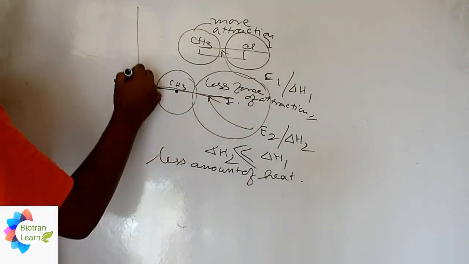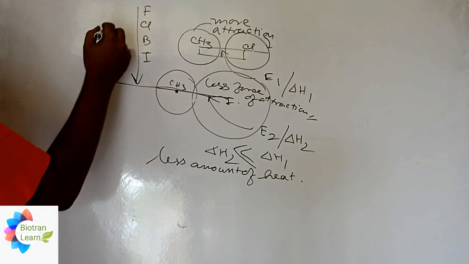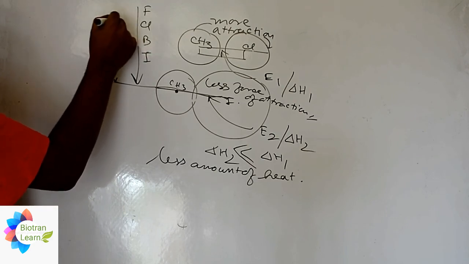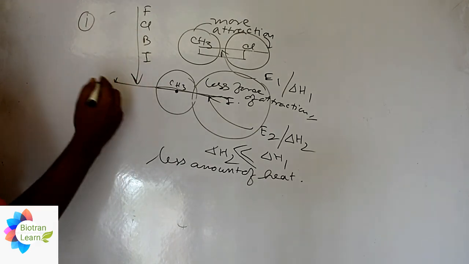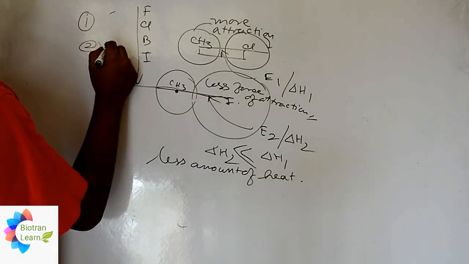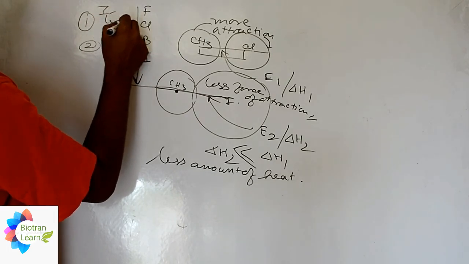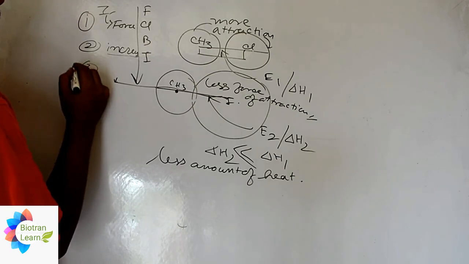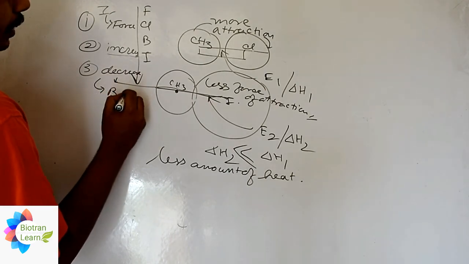Hence, down the group from F, Cl, Br and I, we get an increase in bond length, a decrease in force of attraction, and a decrease in bond enthalpy.